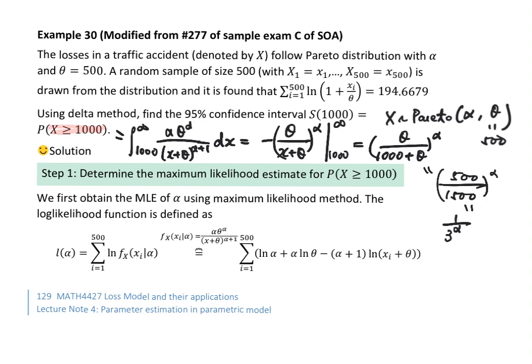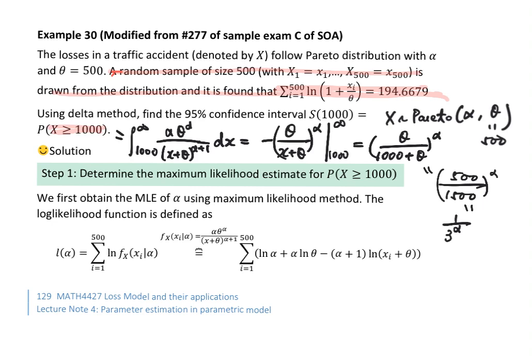Because alpha is unknown, in order to get this probability you have to estimate alpha. To do that, we take a random sample of size 500 and use it to analyze alpha. You are given that the sum of these numbers equals 194.679, which is the number you get from the random sample.